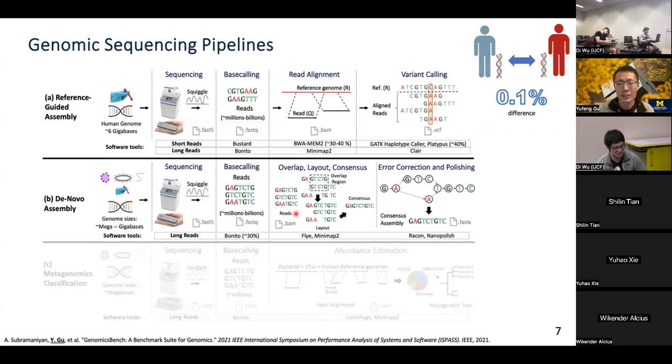So in this case, what people do is find the neighboring reads. Neighboring reads means if two reads each have 100 base pairs, then we find two reads where 99 base pairs are exactly the same, and only one is different. So then we know, okay, these two reads should be located near each other.